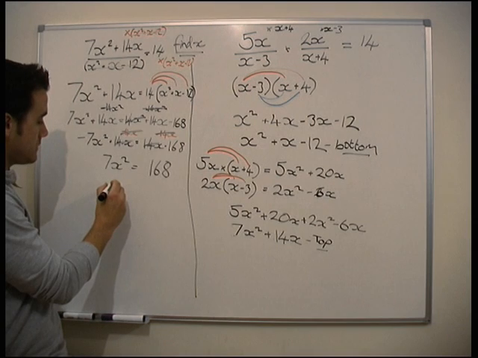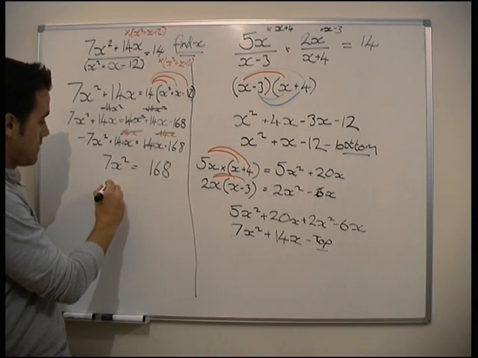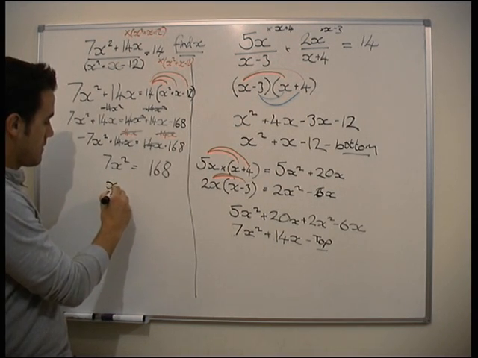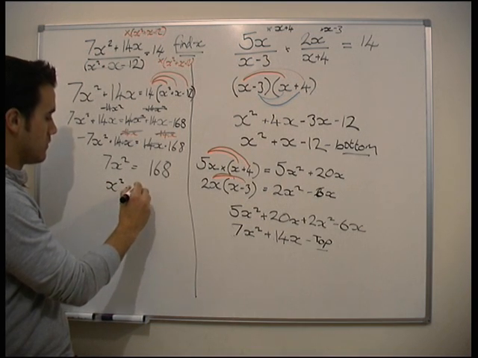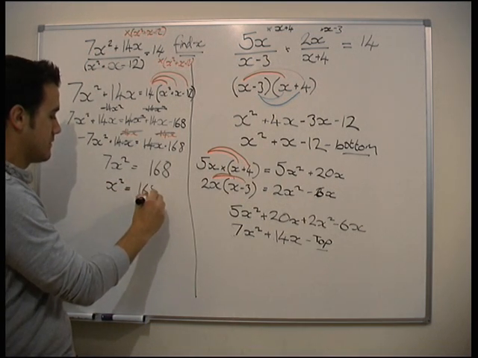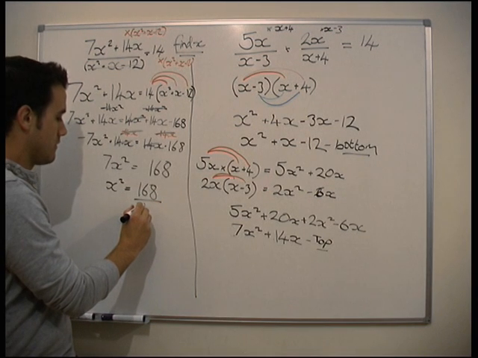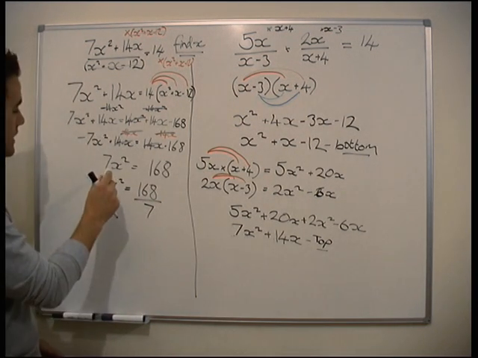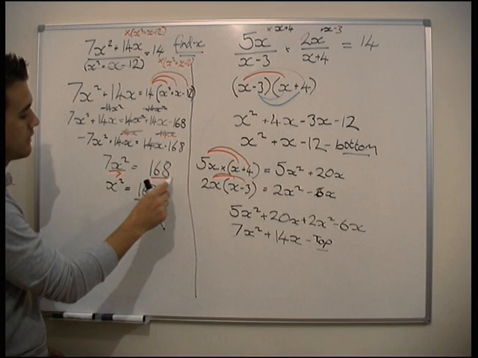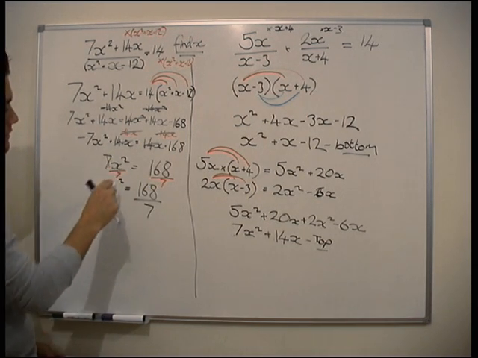So x squared will equal 168 divided by 7. I need to just divide each side by 7. They'll cancel.